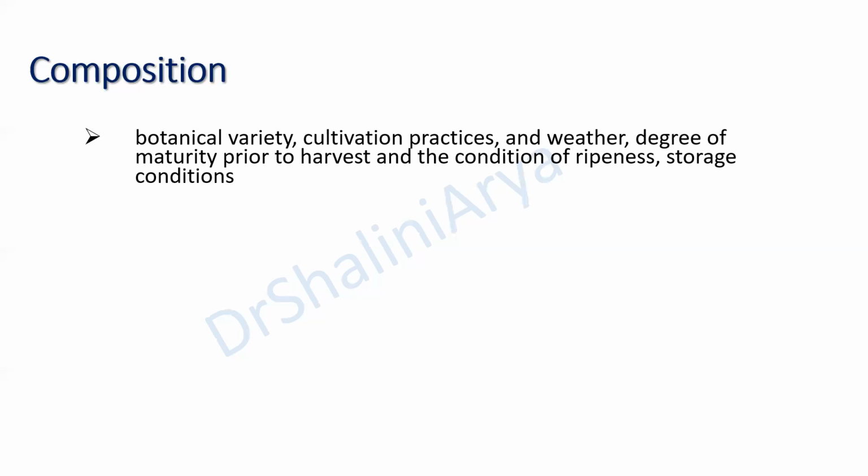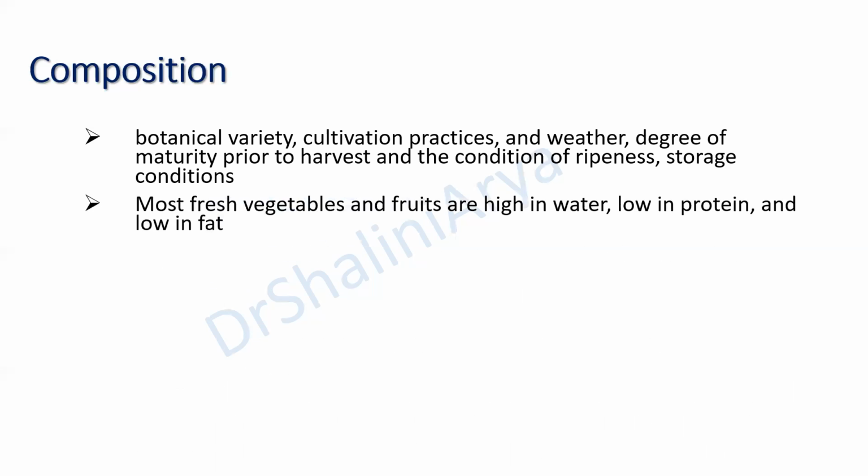As the tomato ripens, the acid gets converted into sugar and other products, and vitamins, minerals, and other constituents in the fruit or vegetable change. So all these factors prior to harvesting and the condition of ripeness matter. Of course, the storage conditions also affect composition.